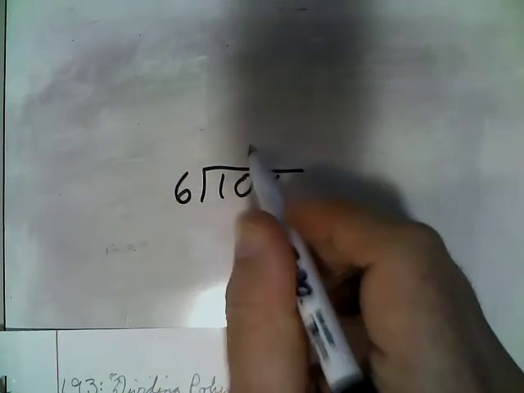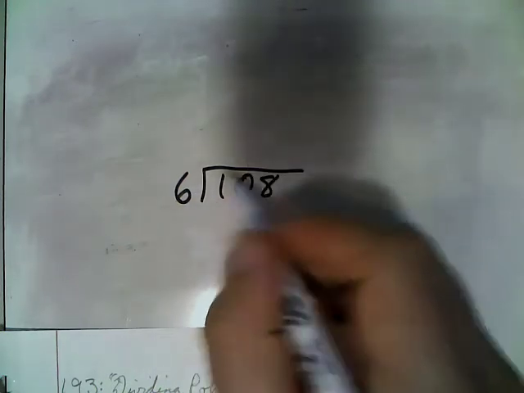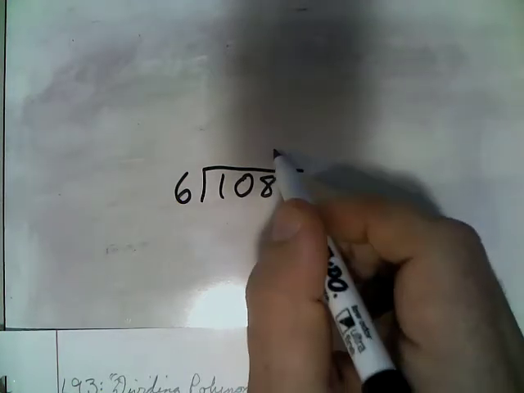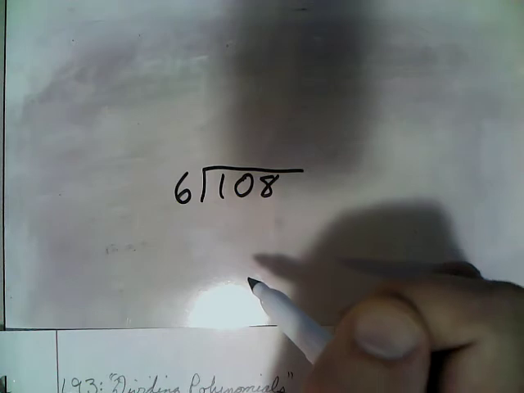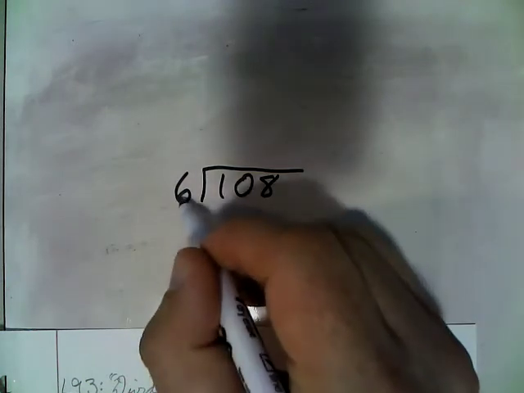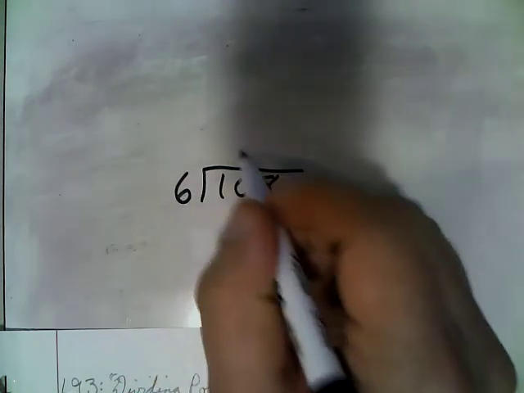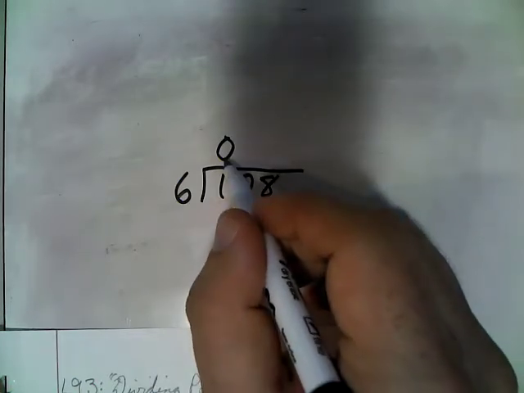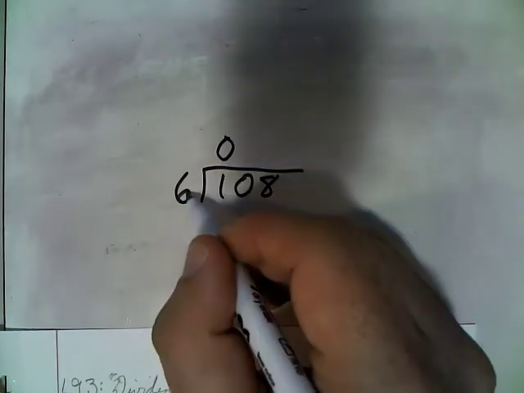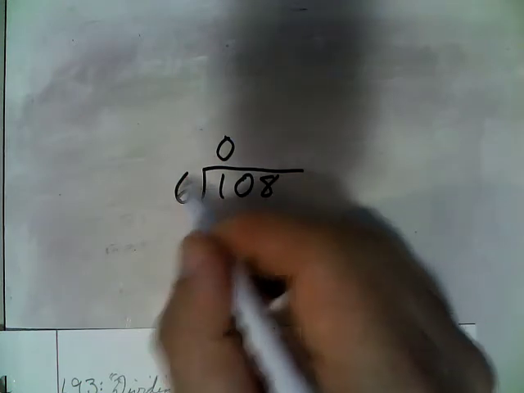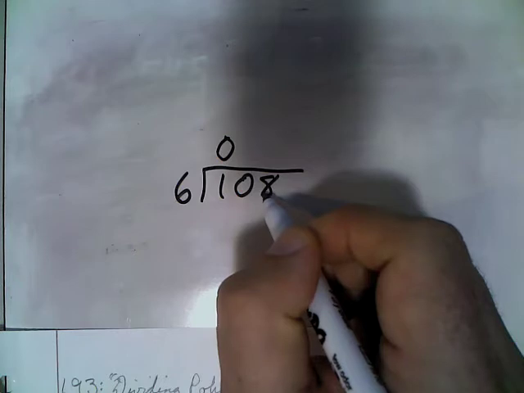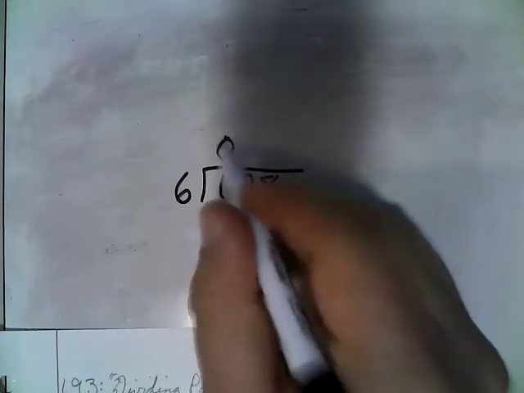This would be the tens place, so 10 groups of sixes. And then finally, this would be the ones place, so just plain old groups of sixes. So we would ask ourselves, how many times does 6 go into 1? And when we put a 0 up here, what we're really saying is that there are 0 groups of 100 sixes. I mean, think about 100 sixes would be 600. So can you get a group of 600 in here? Well, no. That's why it's a 0.